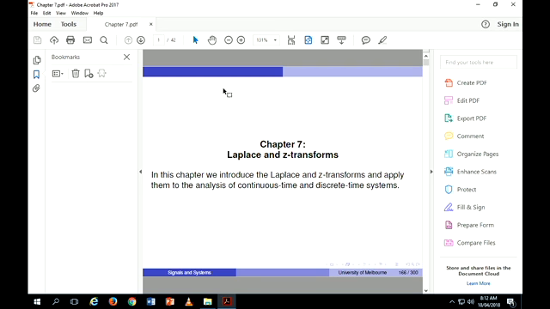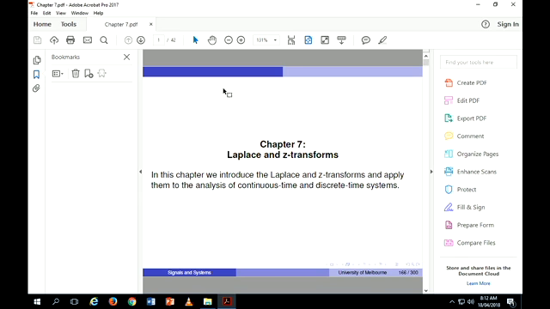So I'm doing the same signal times e^(-st) dt. Now my x(t) is a real number, my X(s) is a complex number, and my s is a complex number.